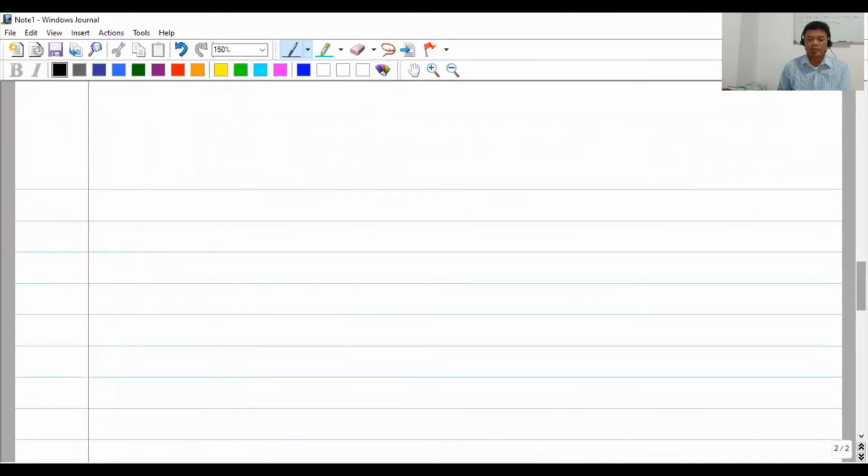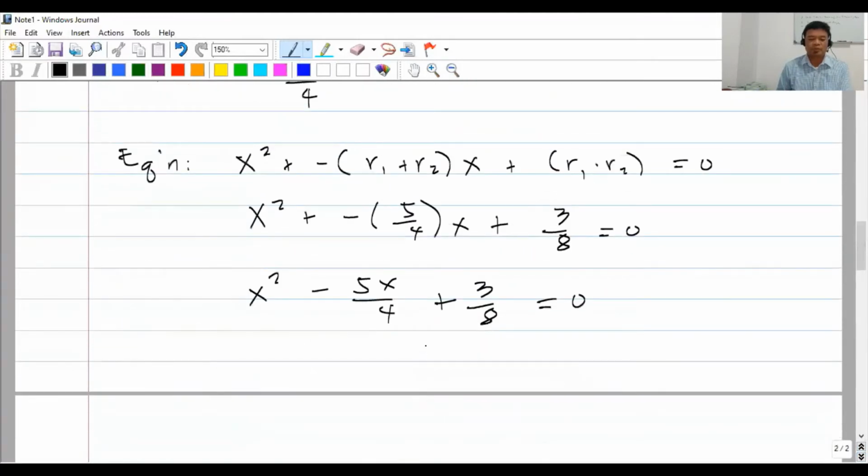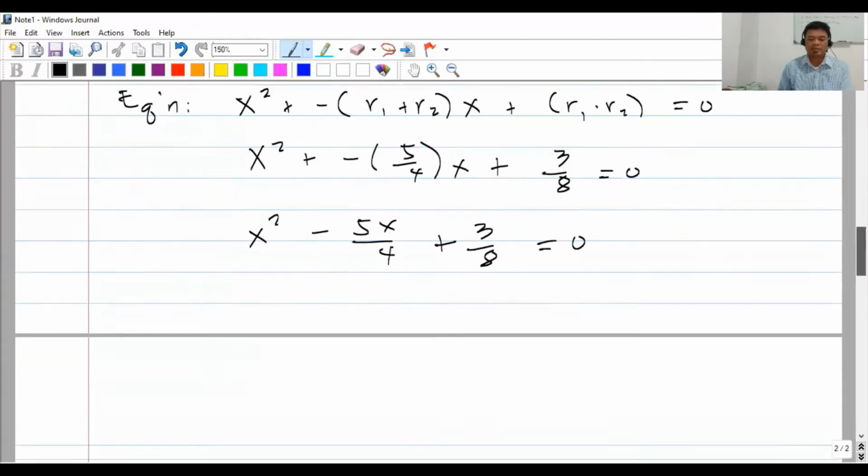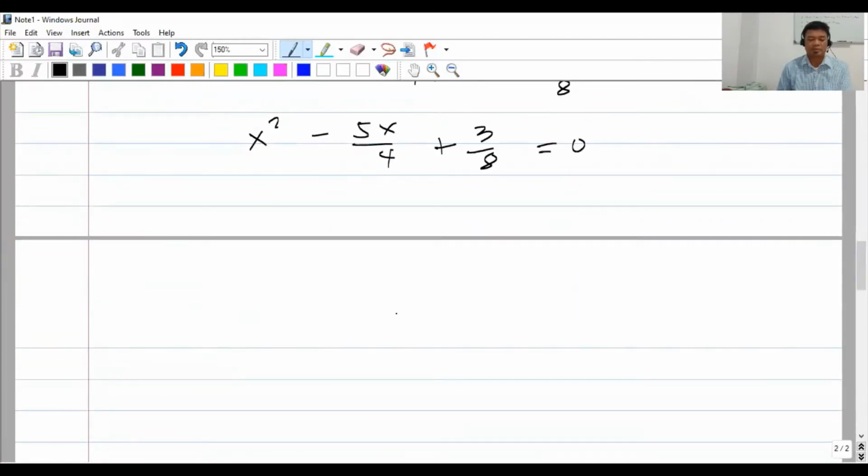We multiply by the LCD, the least common denominator, of these fractions, so we can express that in the standard form of a quadratic equation. So our LCD here is 8.